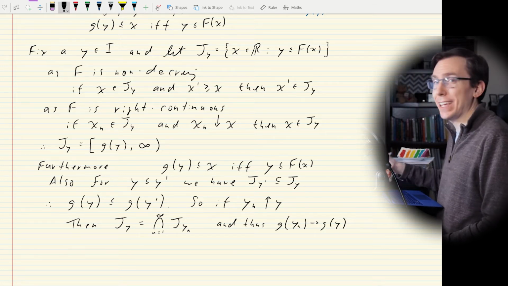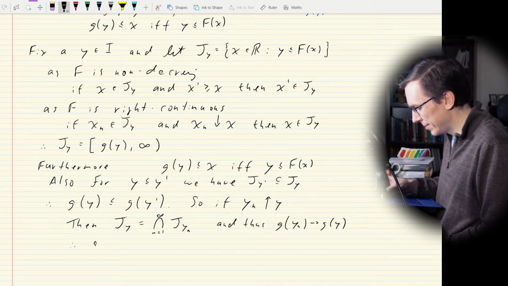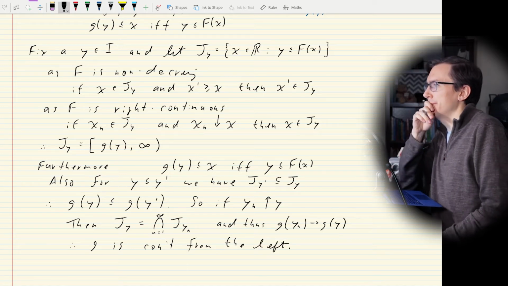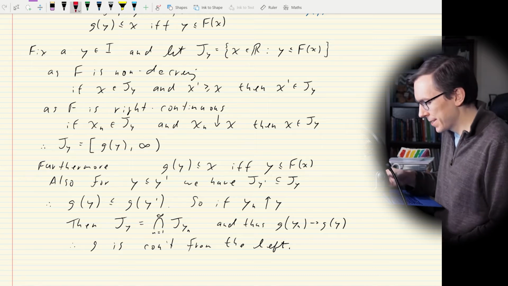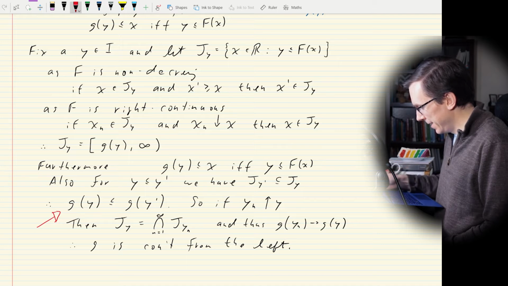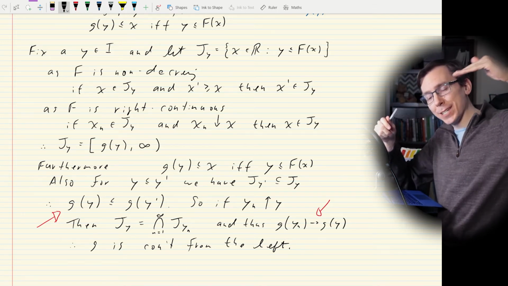And this means that we have left continuity, g is continuous from the left. And non-decreasing, I guess. I wrote that in the notes. That's non-decreasing, right? And this implies continuous from the left because we have an increasing sequence of y's.